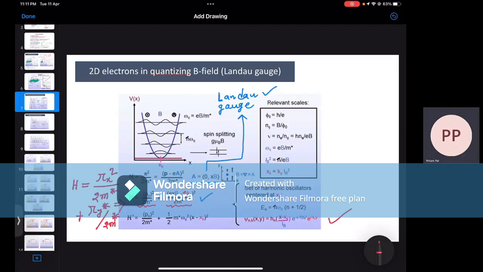So this is what my potential looks like, the potential profile, and its momentum is in the x direction.